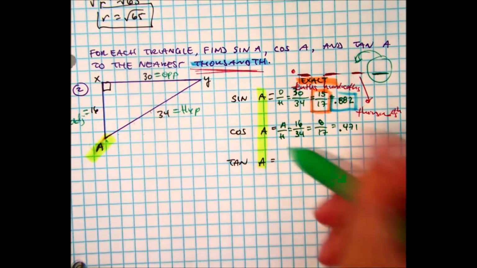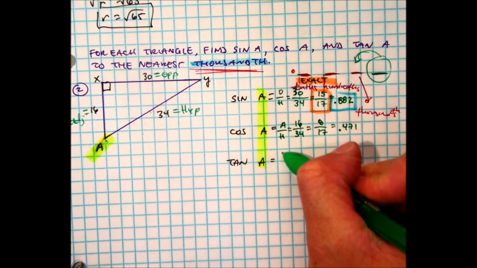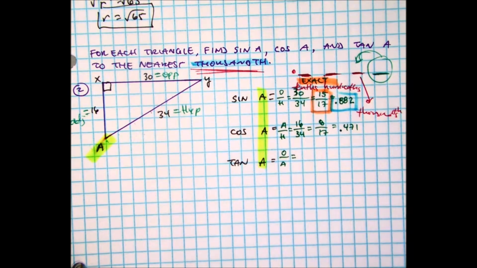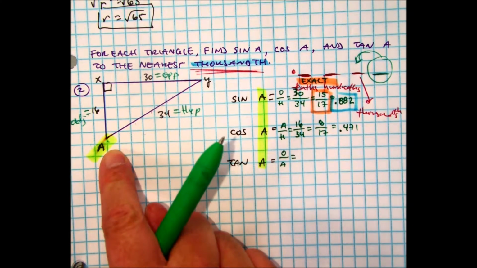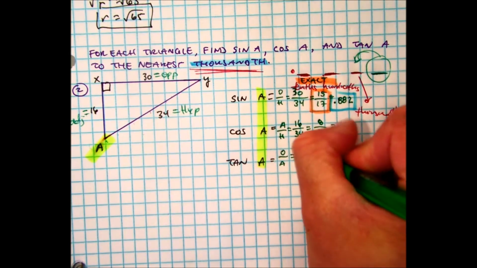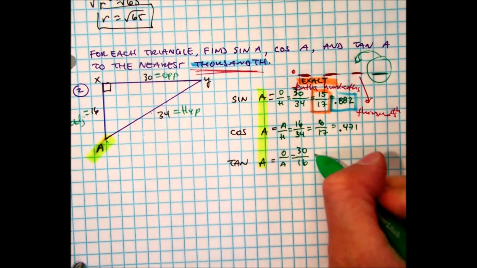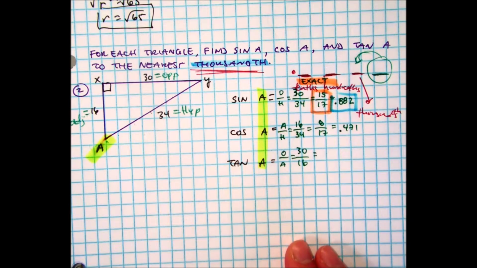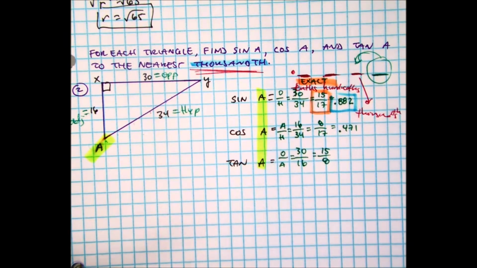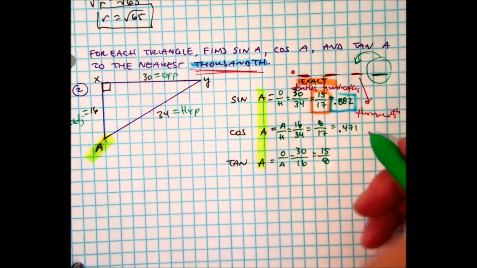Boys, which two sides? Boys, from A, what is opposite of the adjacent? 30 over 16. Boys, go ahead and reduce that. And boys, go ahead and tell me to the thousandth.